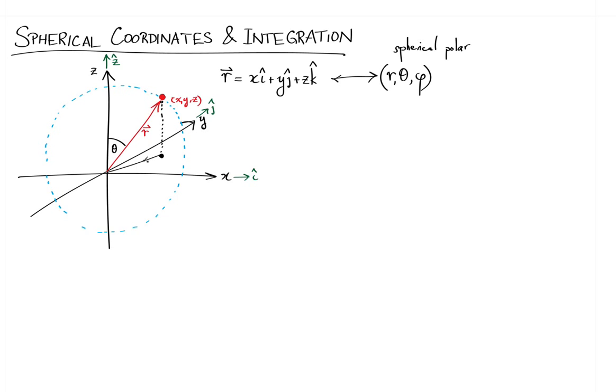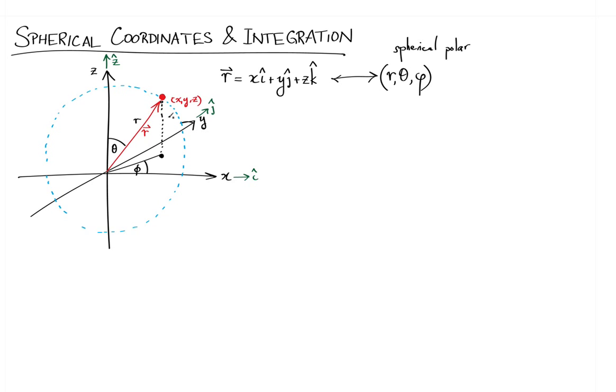Then my angle phi would be the angle between that shadow on the xy plane and the x-axis. And this angle goes counterclockwise relative to the xy plane, so it's an angle between the x and y axes. That's the way we define positive phi. And little r is just the length of this whole vector here.